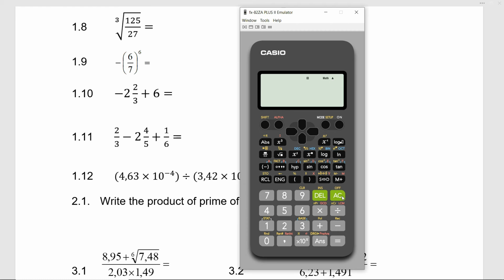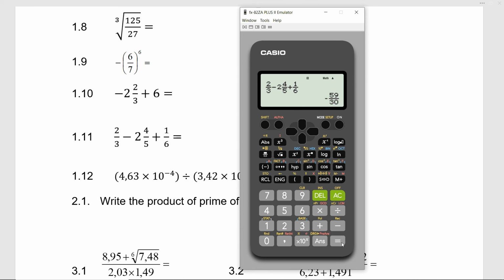We've got more fractions in 1.11. Really going to exercise this particular skill, and we do use it a lot in grade 9, we really do. 2/3, then I'm going to go minus, and I'm going to put in my mixed number button. 2 and 4 over 5, getting out of the fraction, plus my 1 over 6, and then my answer, negative 59 over 30.